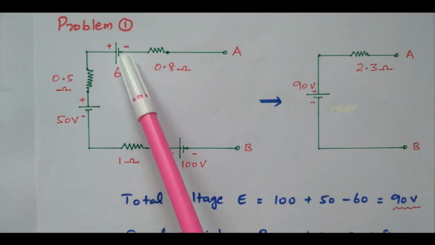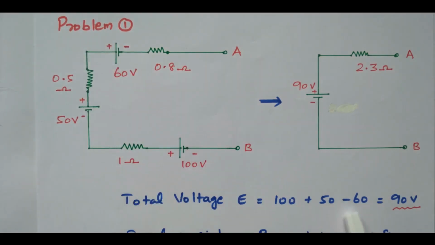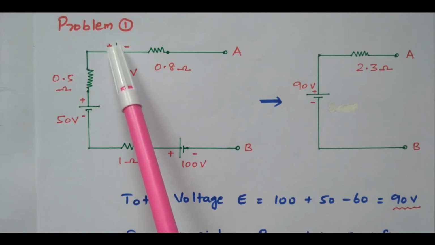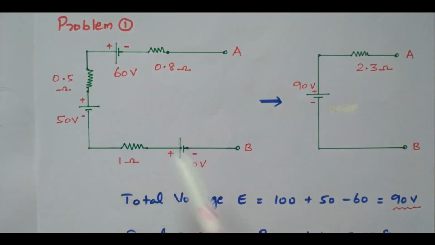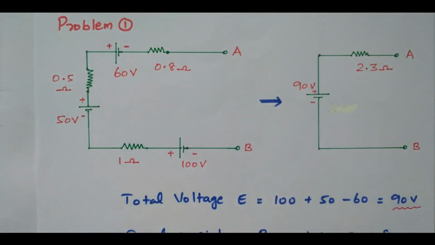But the third source is plus, minus, so this polarity is changed, so it is minus 60. Right? These two are connected in series, but this one is opposing. So 100 plus 50 minus 60. If it is minus plus, minus plus, minus plus, we can add as it is. If any polarity is changed, minus plus and then plus minus, we need to subtract. So 100 plus 50, 150, minus 60, gives 90 volts. The resultant voltage will be 90.